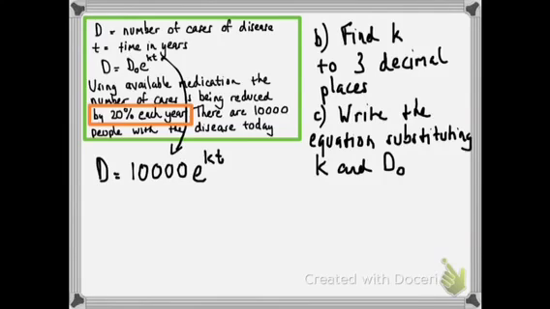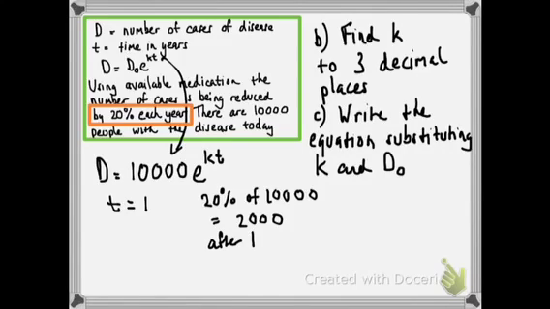For example, after 1 year, if they're reduced by 20% each year, 20% of 10,000 equals 2,000. So after 1 year you're going to get 8,000 people.